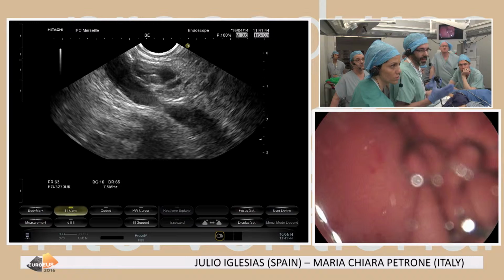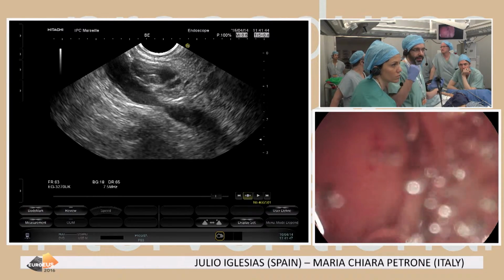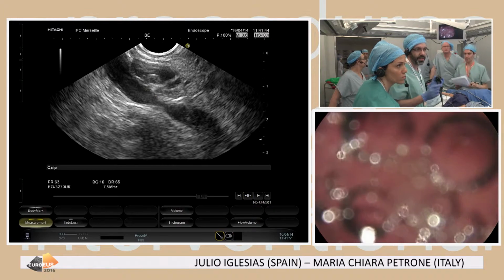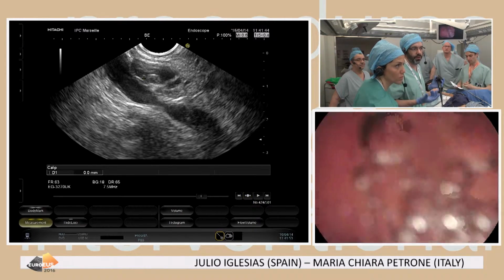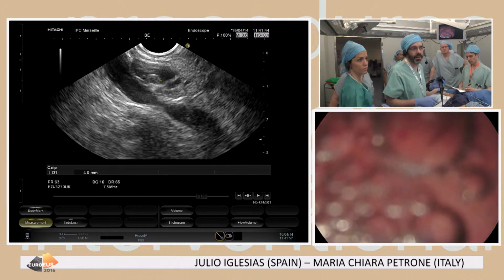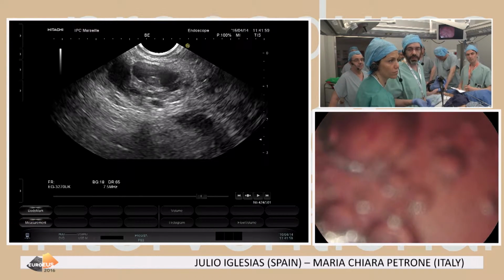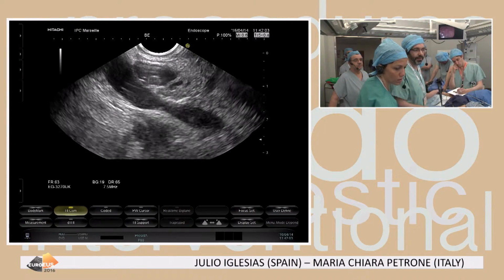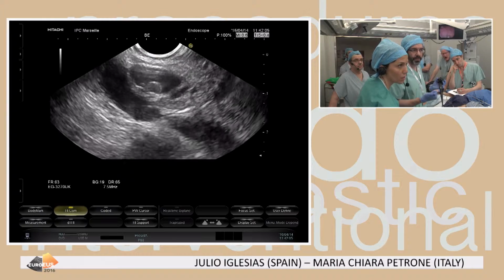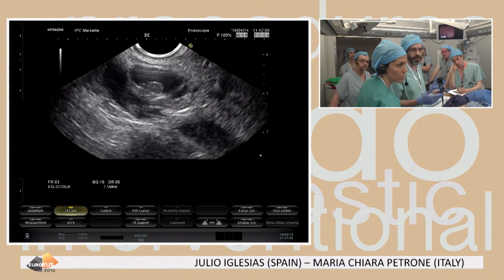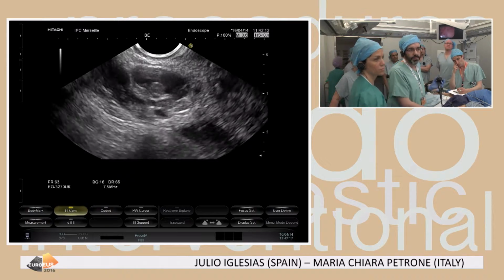At the end it depends. If you have a nodule that is bigger than 10 millimeters, I think there is an indication for surgery for sure, because this is a high-risk stigmata and needs to be an indication for resection. Between 5 and 9 millimeters, you need to take into account the age of the patient, the comorbidities, the type of surgery that needs to be performed, and of course, the opinion of the patient.